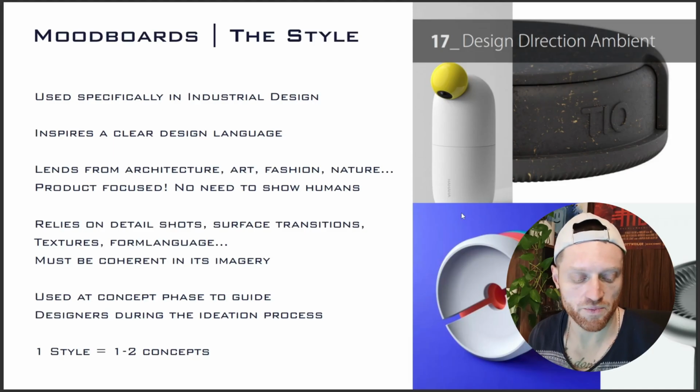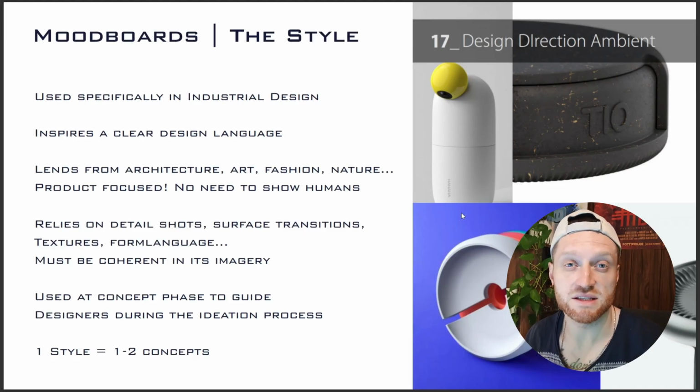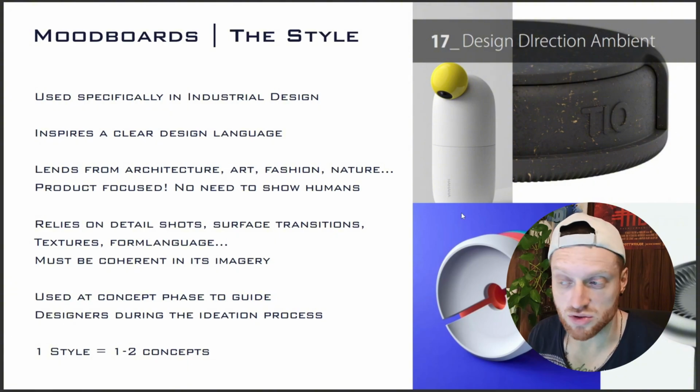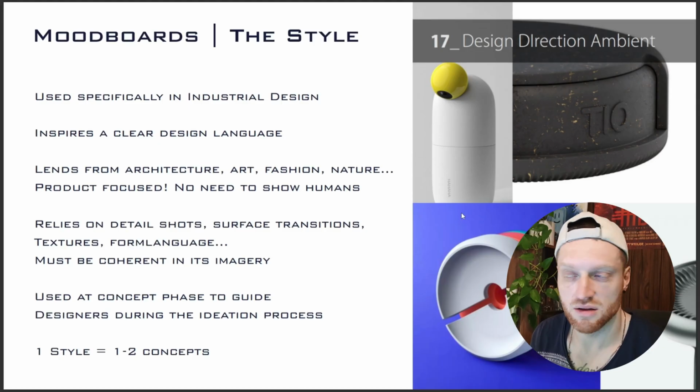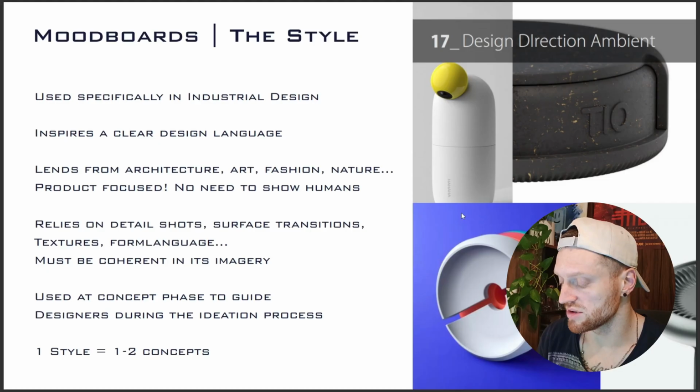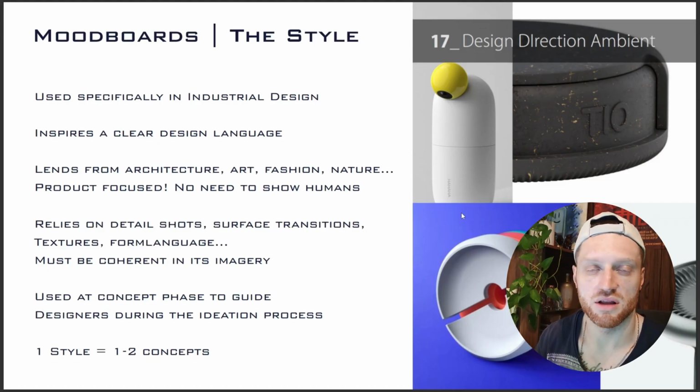So we make sure that the result of our concept phase is something that the client desires and agrees upon, that he wants to have in terms of aesthetic appearance. And a really good Styleboard is a huge help in the ideation process.